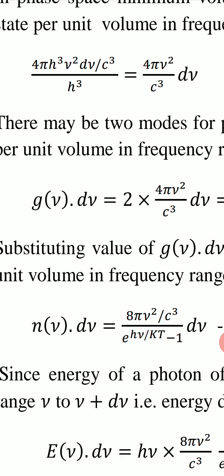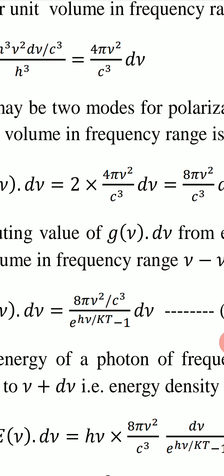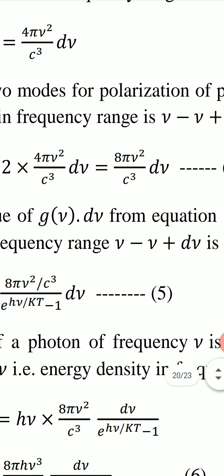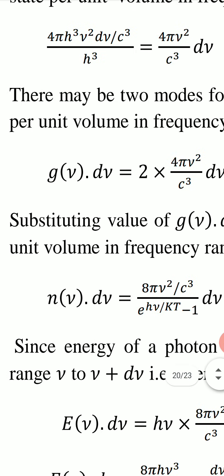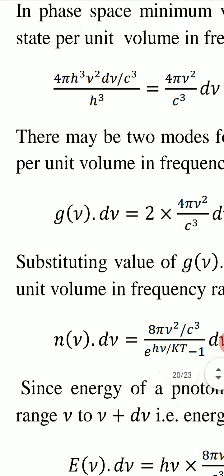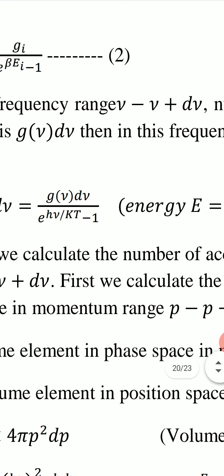We write it as g nu d nu, and it is equal to 2 times 4 pi nu square upon c cube d nu, which is 8 pi nu square upon c cube d nu.